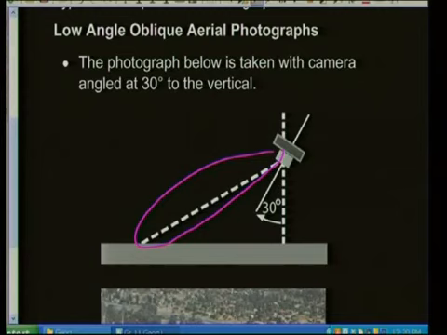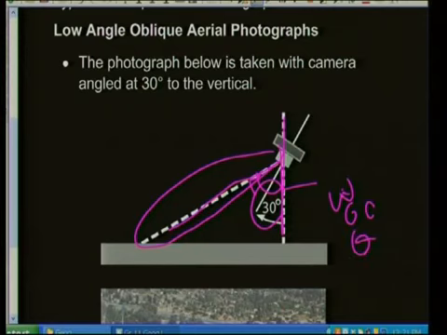Now, this is a low angle aerial photograph. It's taken at 30 degrees to the vertical. Can you see it? 30 degrees to the vertical. So my angle from there to there is 30 degrees. You got that?